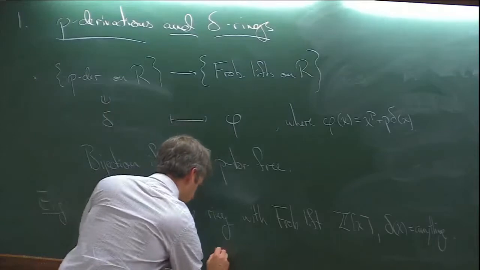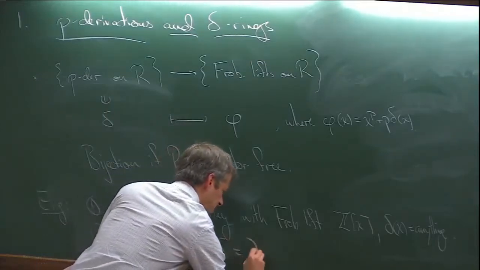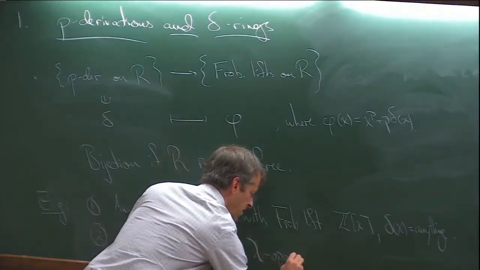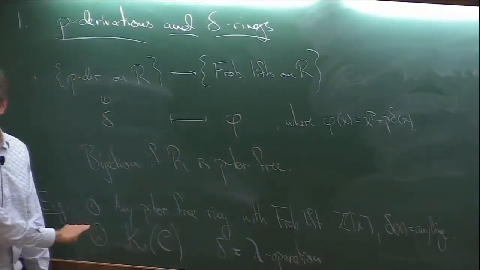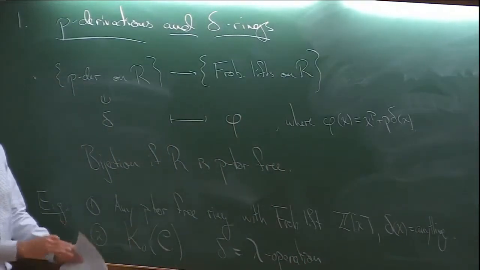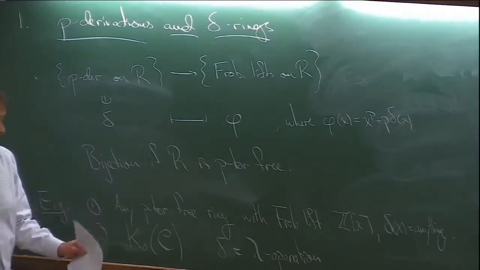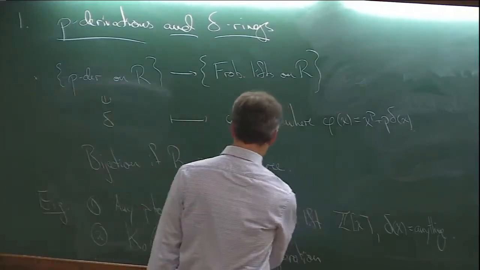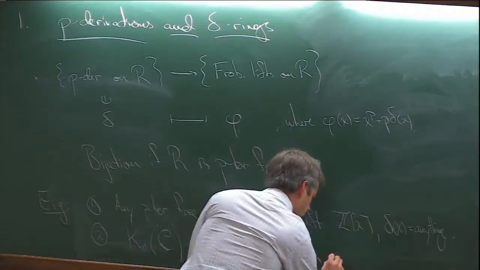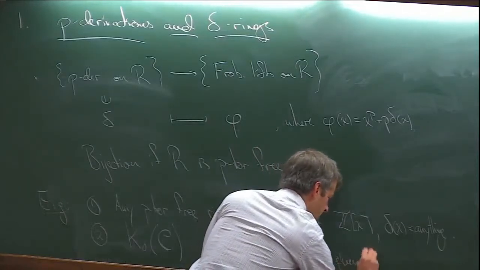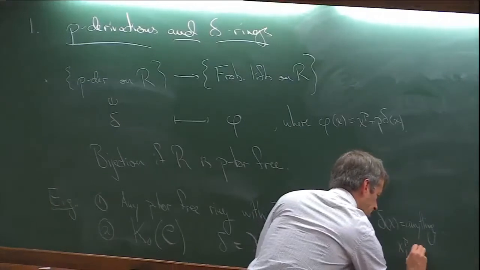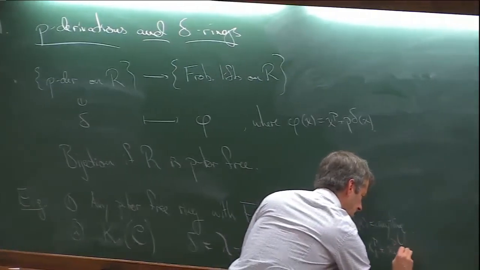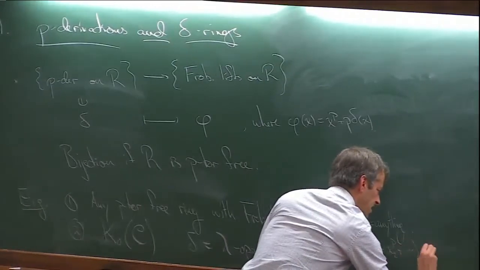And the delta is the so-called lambda operation. If you don't know it, this will be the last time I mention algebraic K-theory. It's just a little side comment for those who know something about it. So delta is the lambda operation given by the symmetric function, which is x1 to the p plus x2 to the p. So you need a symmetric function in infinitely many variables.